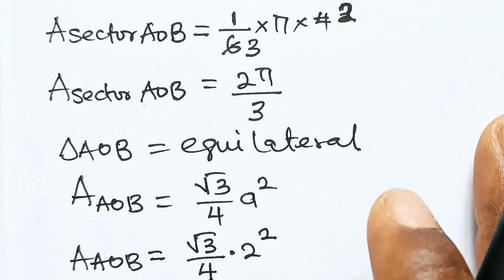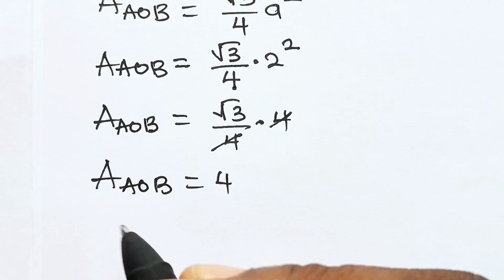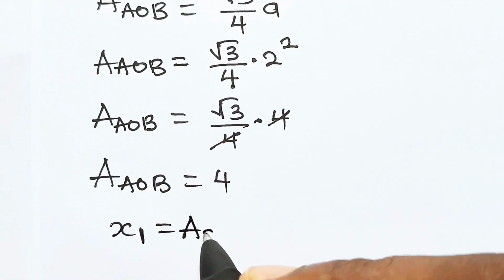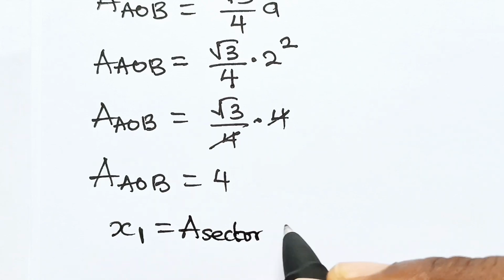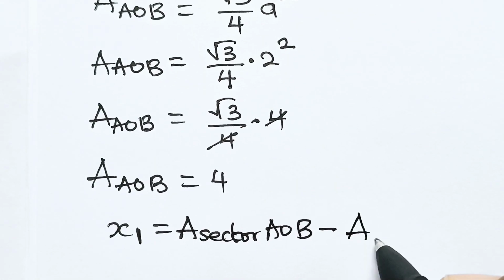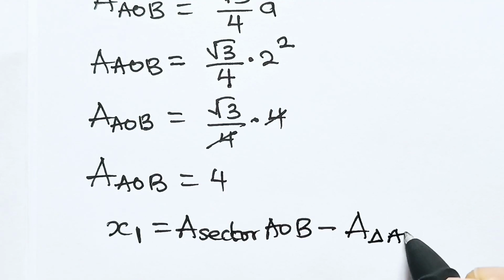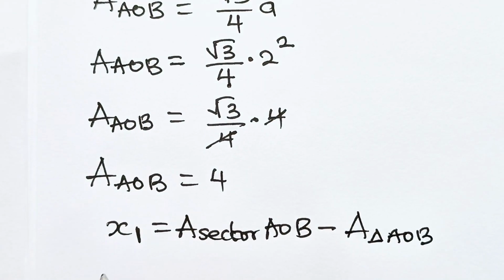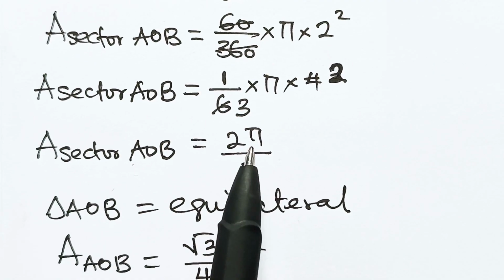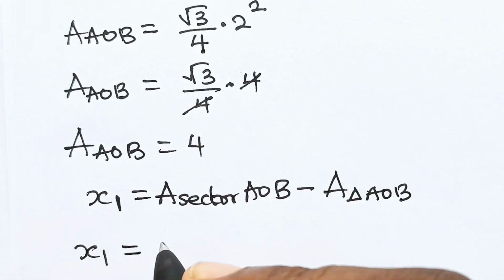So the area of x1 is equal to the area of sector AOB minus the area of triangle AOB. Now the area of sector AOB is 2 pi over 3.